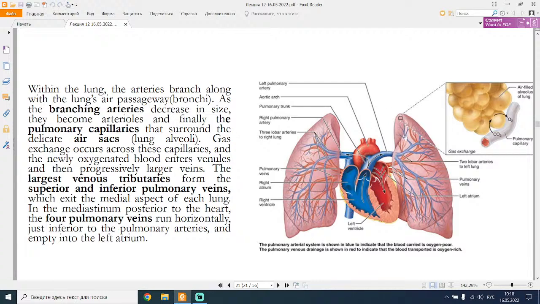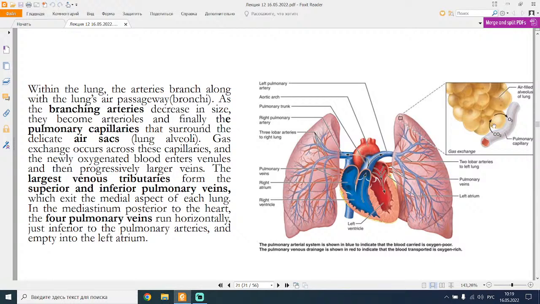Within the lung, the arterial branches run along with the lung's air passageways, the bronchi. As the branching arteries decrease in size, they become arterioles, and finally the pulmonary capillaries that surround the delicate air sacs, the lung alveoli.